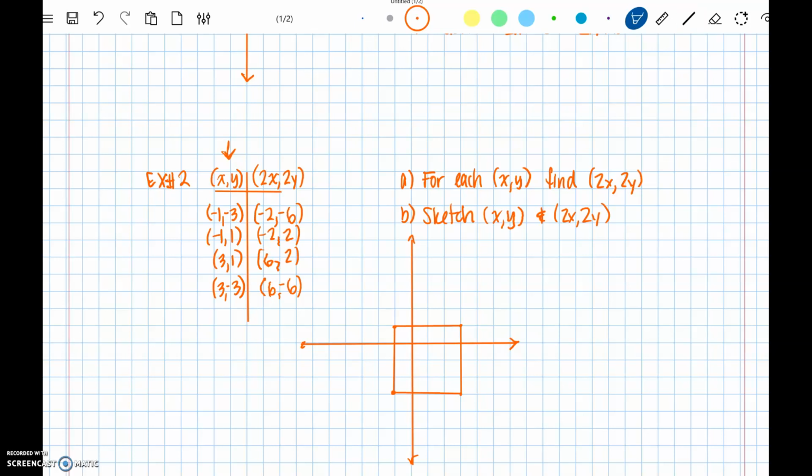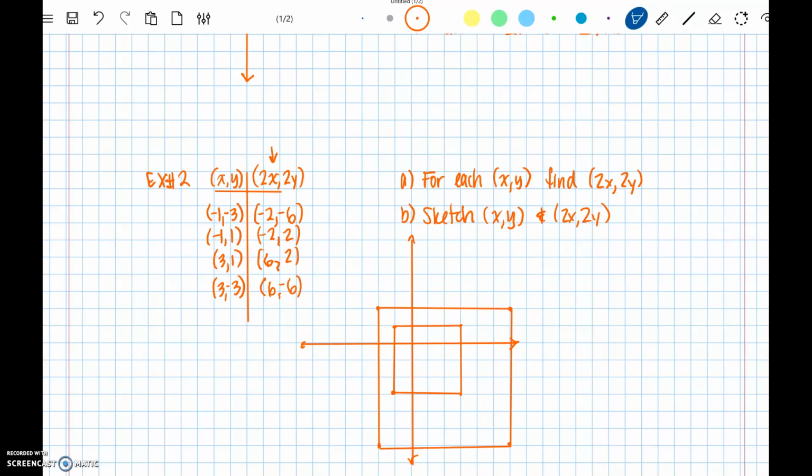So now I'm going to plot the points in this right-hand column, (2x, 2y): (-2, -6), (-2, 2), (6, 2), and (6, -6). And you can see that I have a square now, same shape, that is twice as big. The side lengths are 8 now instead of 4.